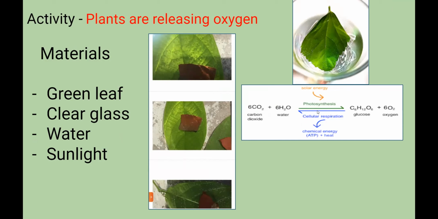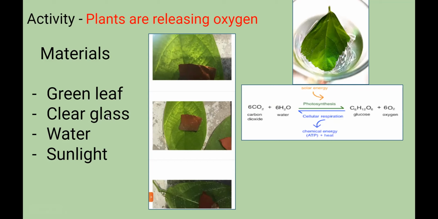Plants are preparing food in the form of glucose and releasing oxygen as a gas. How to check or study this? For this, the teacher will give a simple activity to show that plants are releasing oxygen. The materials needed are a green leaf, clear glass, water, and sunlight. Students can do this activity in their laboratory as well as at home.